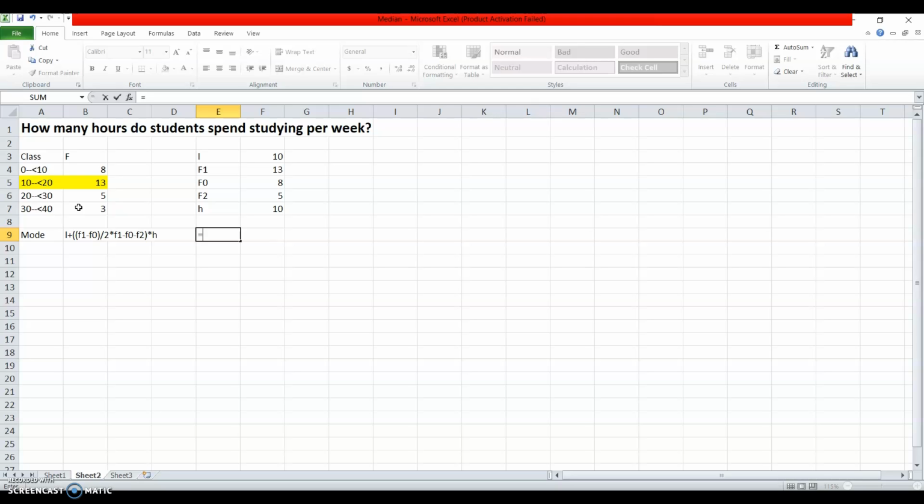The denominator is 2 times f1, and then we subtract f0 and f2 from the 2 multiplied by f1. So as we see, 2 times f1 minus f0 minus f2. And then this whole fraction is multiplied by h, and then we add this whole term to the parameter L.